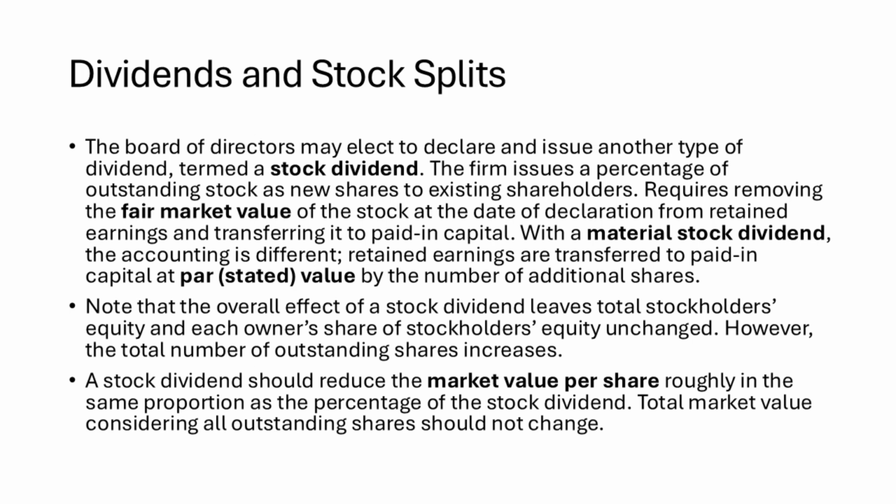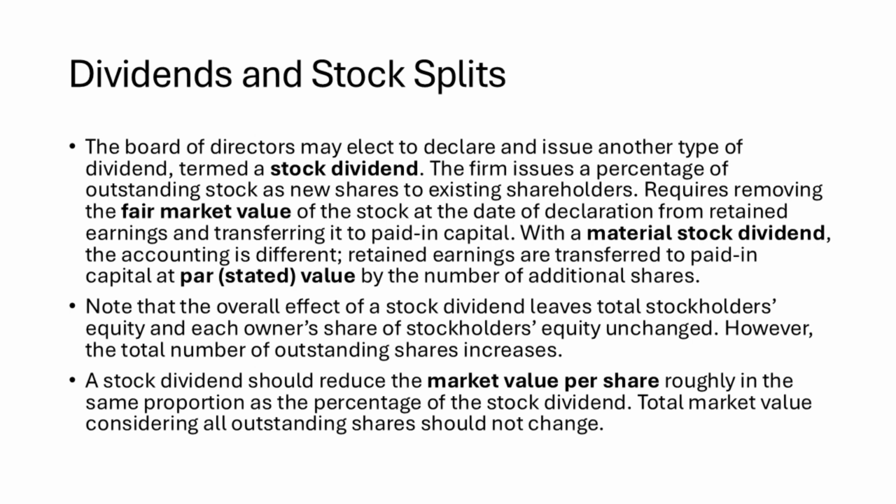The accounting for the stock dividend, assuming a relatively small distribution, less than 25% of the existing stock, requires removing the fair market value of the stock at the date of the declaration from the retained earnings and transferring it to paid-in capital.